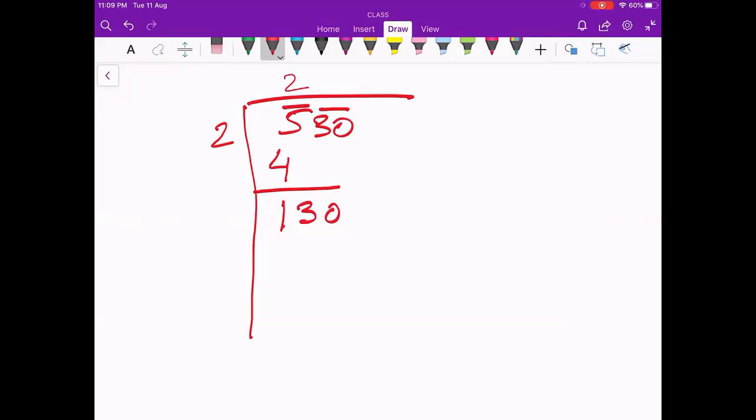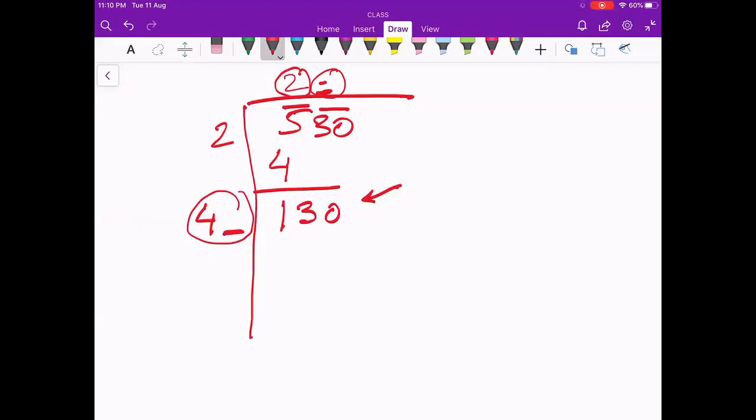Now we write here double of this number. So double of 2 is 4. So we write 4 here. Now we have to write one digit here and the other digit here, so that the multiplication of this number with this number is equal to 130 or just less than 130.